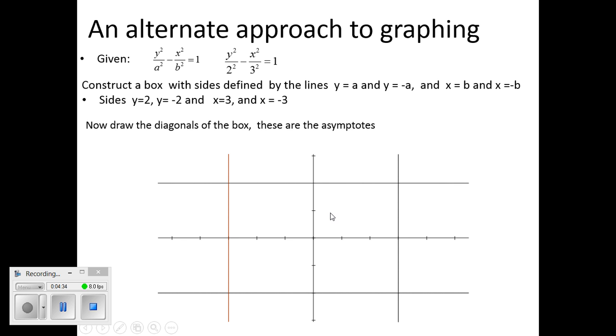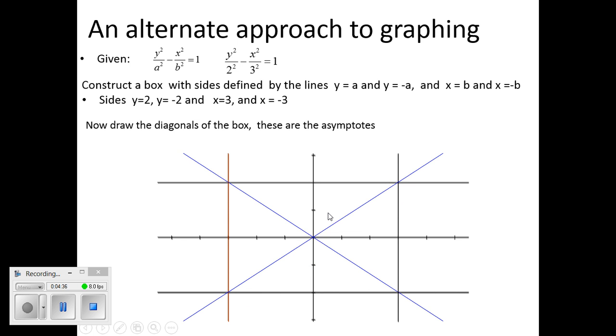The diagonals of that box are the asymptotes. And since we know we're opening up and down because of the y term being first, and more specifically because we do not have x-intercepts, we are going to find that the slope of this line is basically the height of the box, which is A.